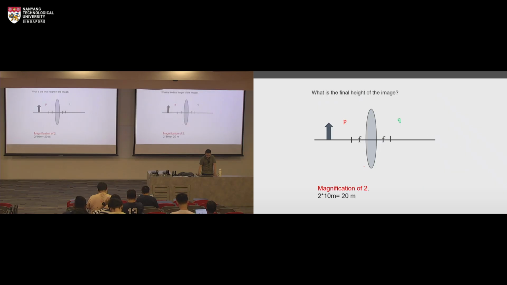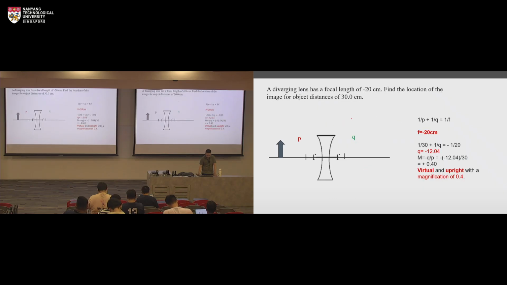Okay, all right. So we also have another practice where we use this diverging lens as example. So this is a diverging lens. So what does this mean? It basically tells you that the focal length should be negative. Here I am kind enough that I actually put a negative sign over here.